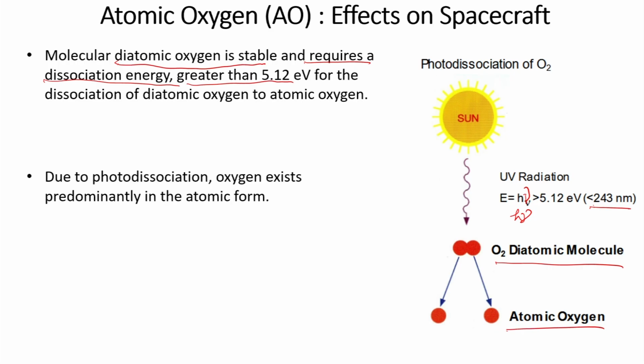Now, what is this electron volt? You know, the electron volt is a unit of energy. Generally, I can express the energy as charge multiplied by the potential.